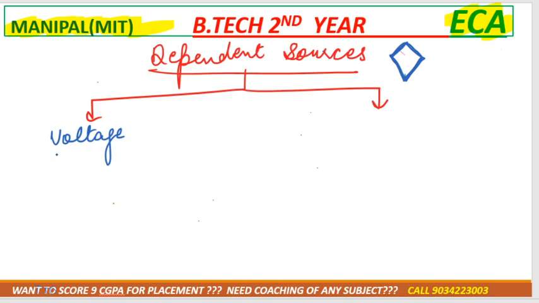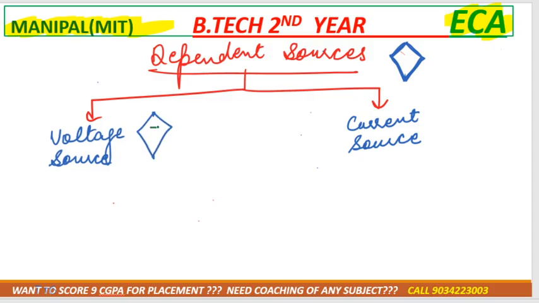It is either a dependent voltage source or a dependent current source. Dependent voltage source means voltage source, as you can see, there will be plus and minus sign, and dependent current source, as you know, current source is denoted by an arrow.